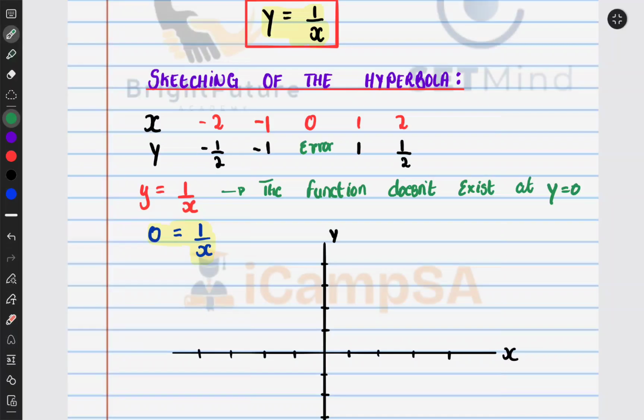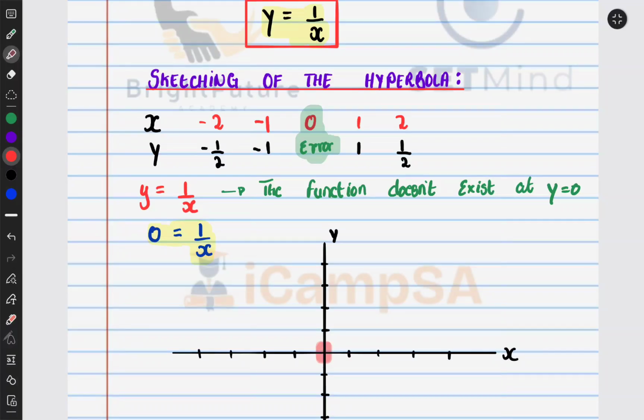Okay, with that being said, we know that our function doesn't exist where x is equal to 0. We get an error, and also our function doesn't exist where y is equal to 0. So our function will never touch those two values, which are essentially your x and y axes, because where y is 0 is here, and where x is 0 is also here.